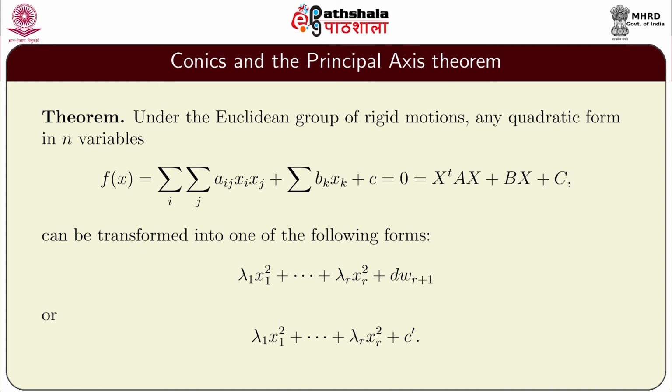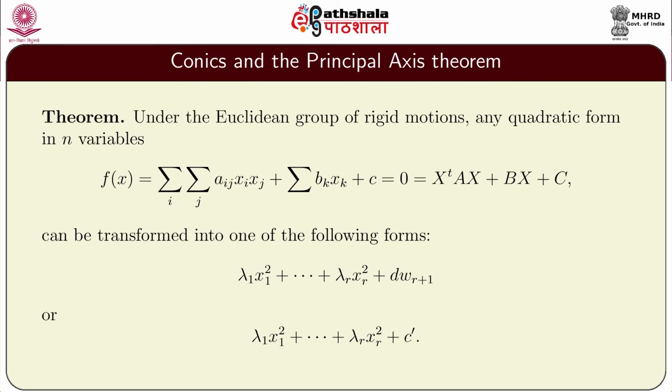So, we begin with that f(x), which is a degree 2 polynomial. There is that degree 2 part, the double summation aij xi xj, then the linear part, the summation bk xk, and then the constant part c, and with a new set of variables defined suitably, we can put it into this simpler form.